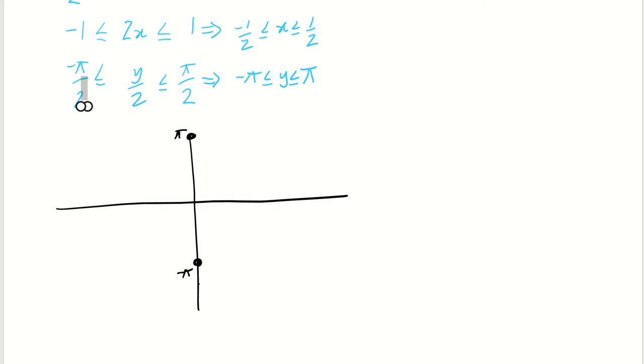Looking at -pi to pi compared to half to -1/2, pi is about 3, so half is going to be quite significantly shorter. Despite that, in the HSC, markers don't mind if your x-axis and y-axis aren't to scale of each other, as long as your y-axis is to scale of itself. So you're not going to have pi here and -pi here and pi up here, for instance.